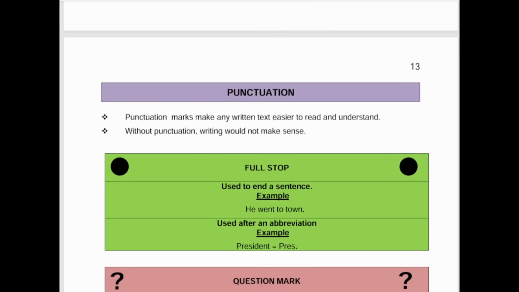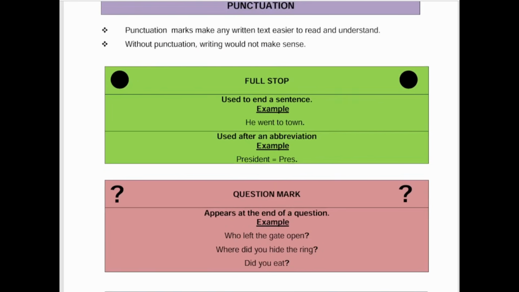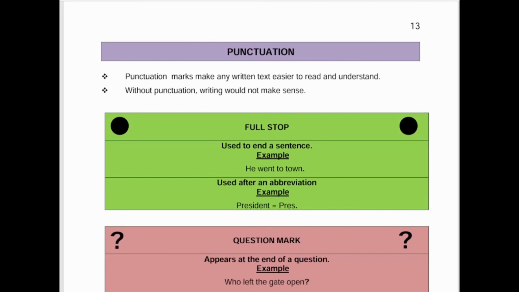If you have finished writing your sentence, at the end of that sentence you just place a full stop. A good example: he went to town. At the end of that sentence, you are supposed to make a full stop to show that the sentence has ended.